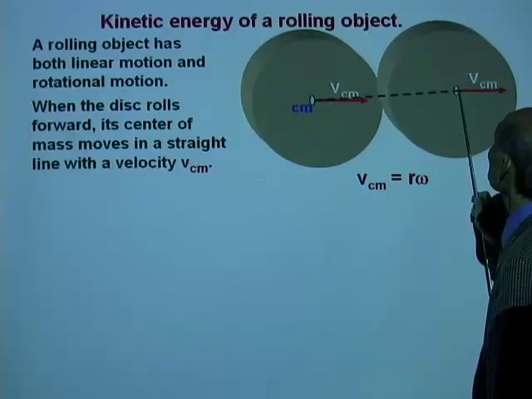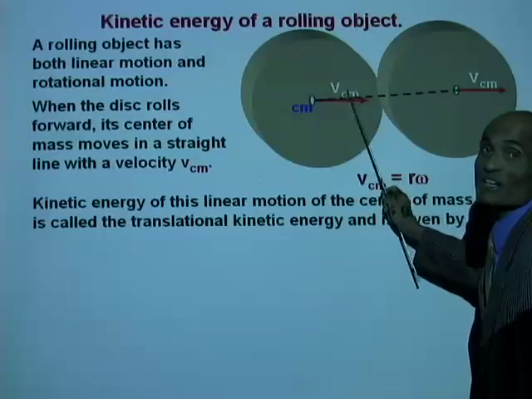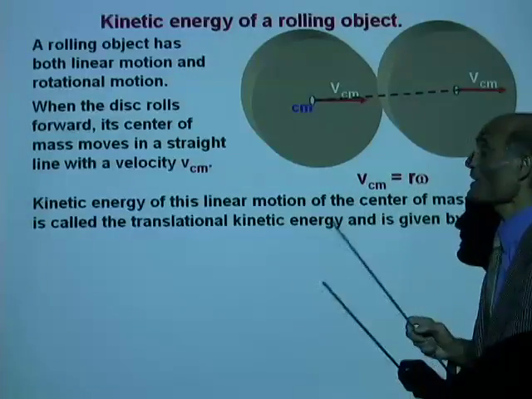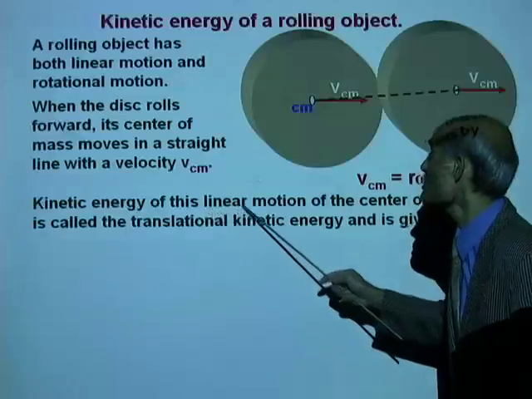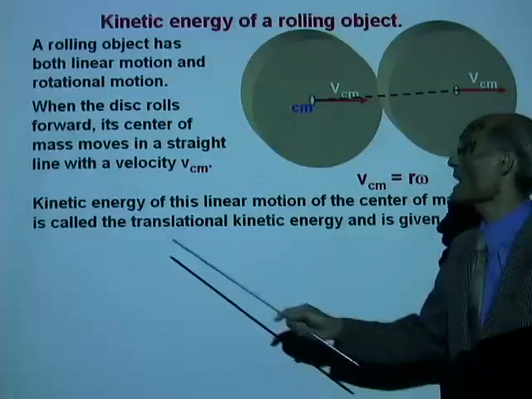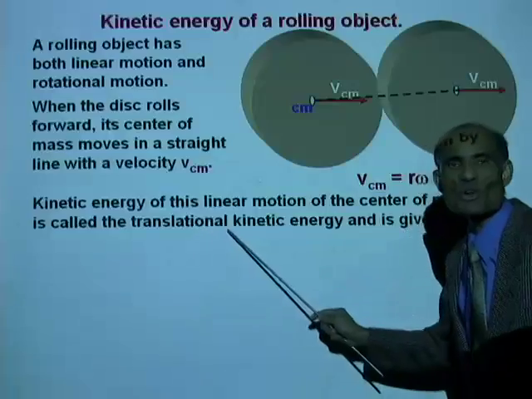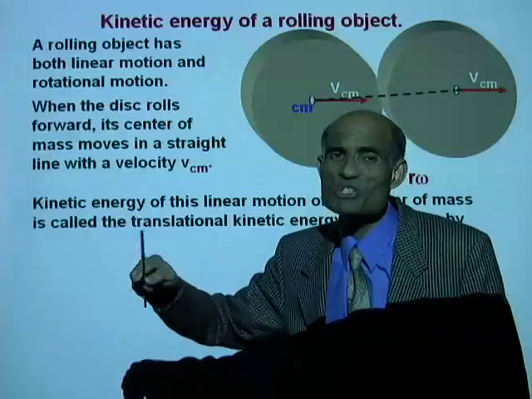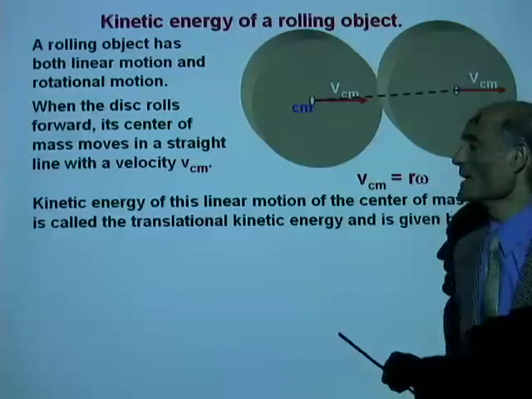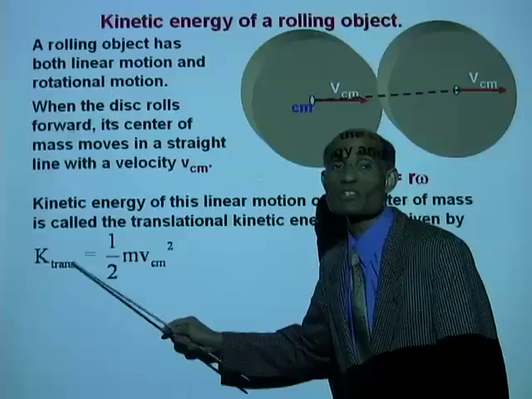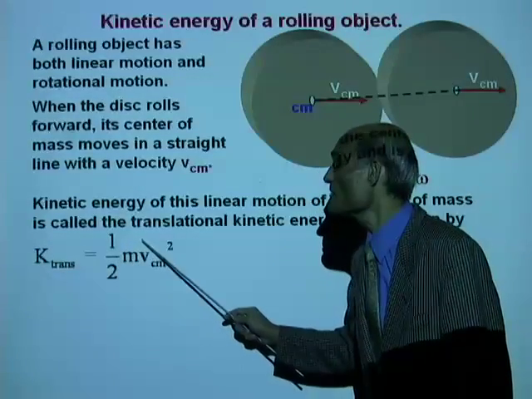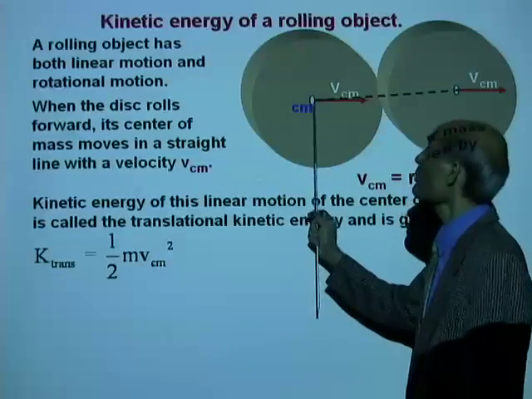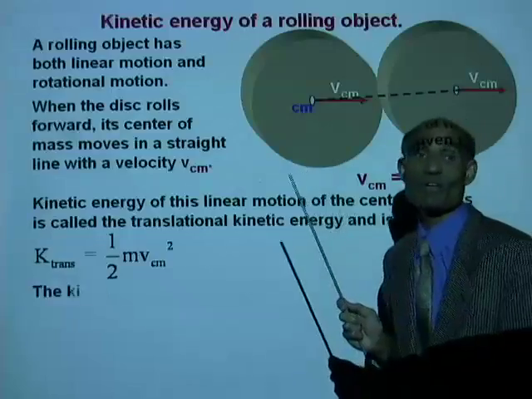It comes to a new position. That means it has been rolling from an initial position to a final position. Kinetic energy of this linear motion of the center of mass is called the translational kinetic energy. Kinetic energy of the disc due to its translational motion, motion along the straight line, is K translational equal to 1/2 m v center of mass squared, where v center of mass is the velocity of the center of mass, the linear velocity.